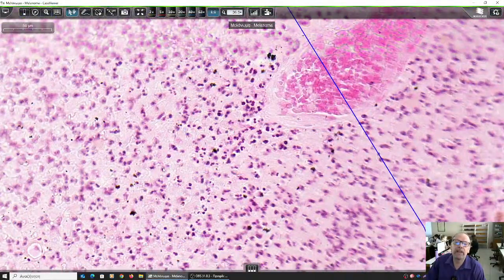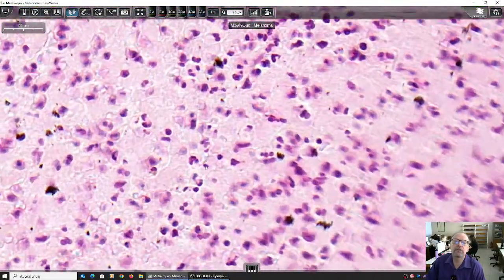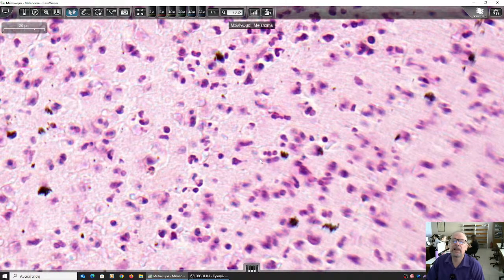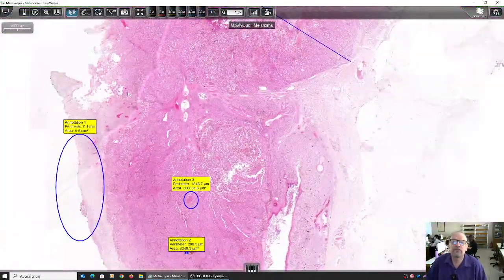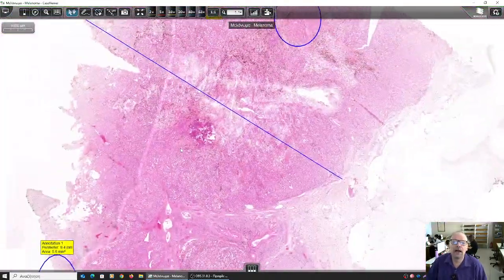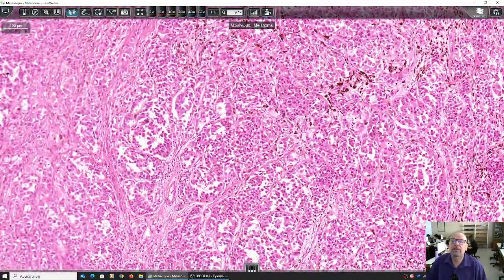And which cells came here to the place of destruction? Can you identify these cells? I'm sure you can. You have neutrophils. Yes, because there is destruction. So neutrophils came. So this is an ulcerated lesion. It showed spontaneous ulceration. And let's have a look at the cells growing deep in the dermis.